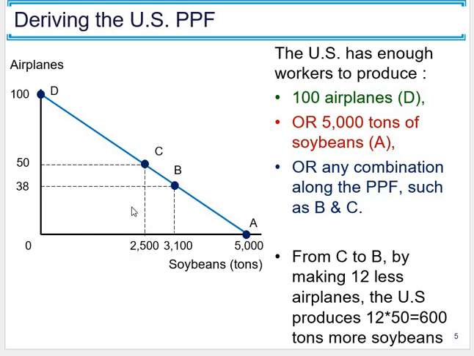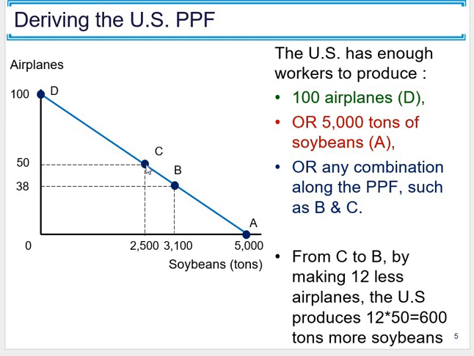We can also derive the coordinates of point B. Moving from point C to B, we are producing 12 fewer airplanes, because 50 to 38 is 12 fewer airplanes if we observe along the y-axis, the airplane axis.